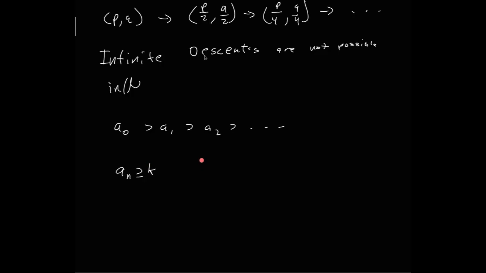So let's prove that. For k equals 0, well, clearly all naturals are greater than or equal to 0. If a_n is greater than or equal to k for all n, then a_n is greater than a_(n+1), which is greater than or equal to k. So therefore, a_n is greater than or equal to k plus 1 for all n.